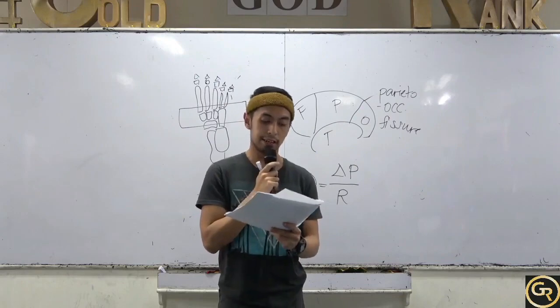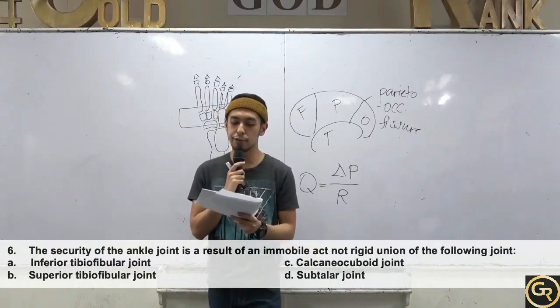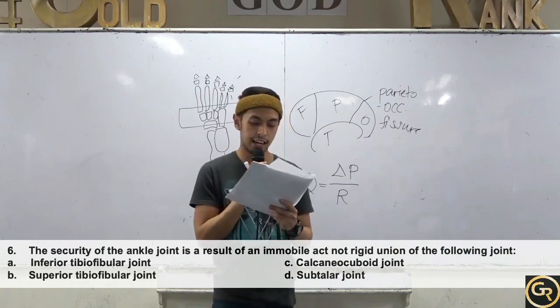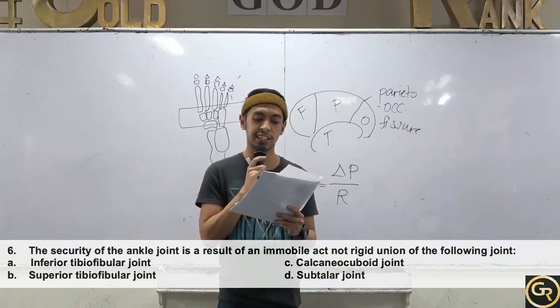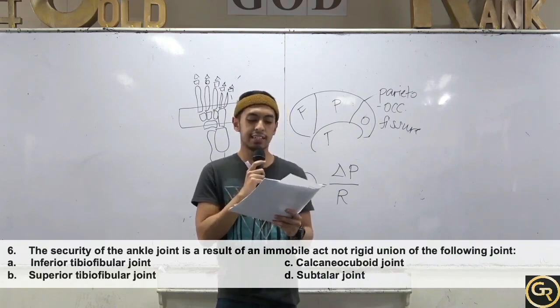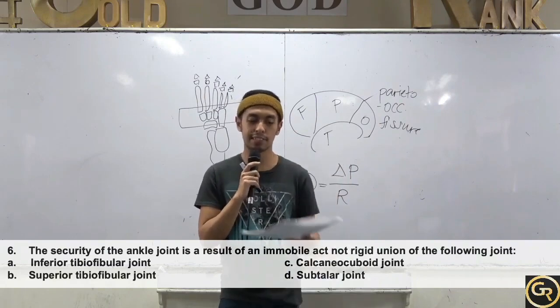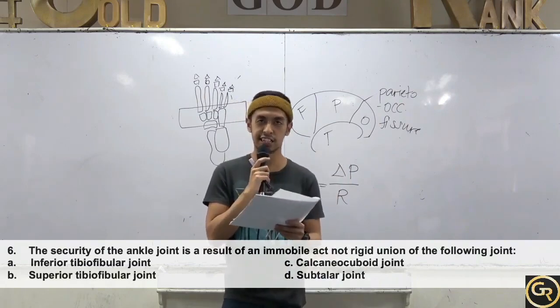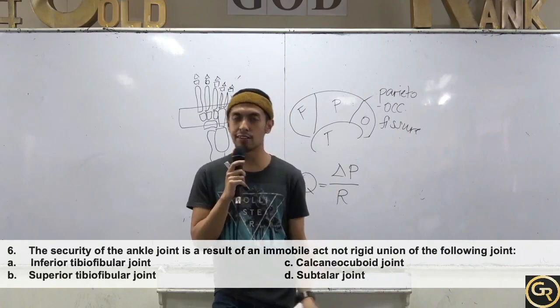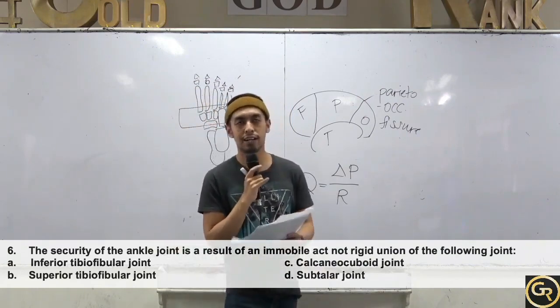Letter C. Number 6. The security of the ankle joint is a result of an immobile but not rigid union of the following joint. Okay? So, sino pong immobile joint? Okay? Ang malapit po sa ating ankle joint. Okay? So, umakyat lang po kayo ng konti, you would see there your inferior tibiofibular joint.